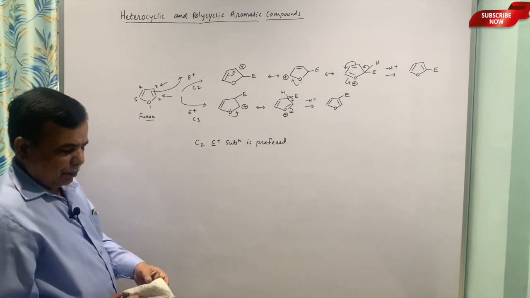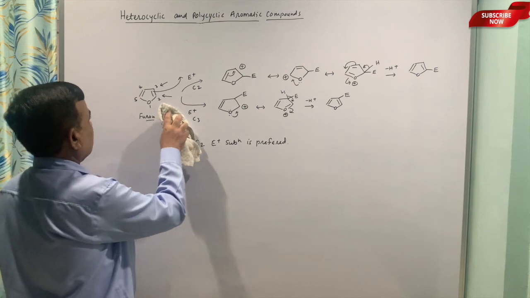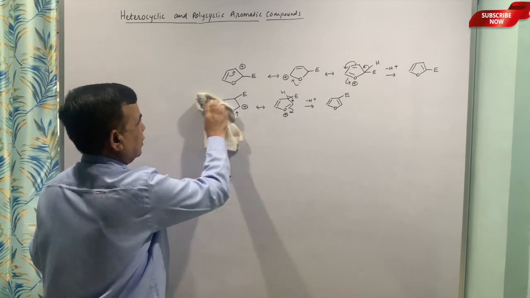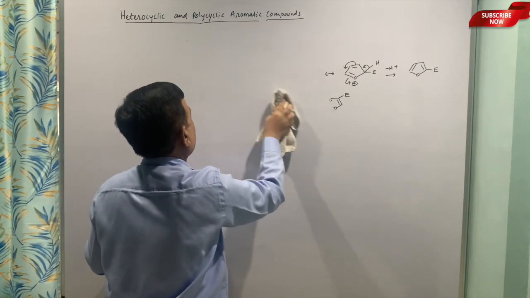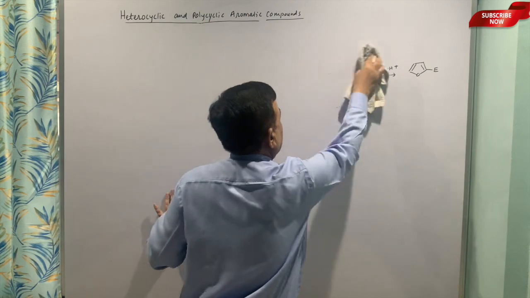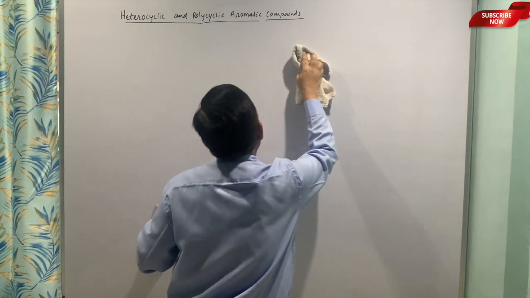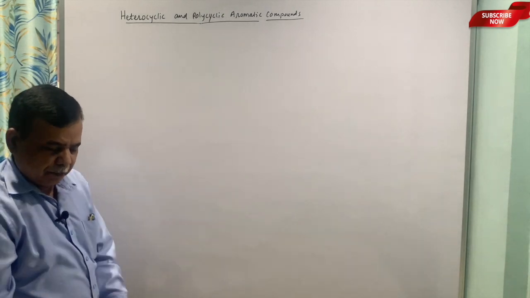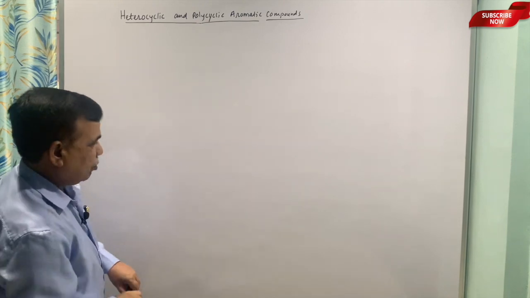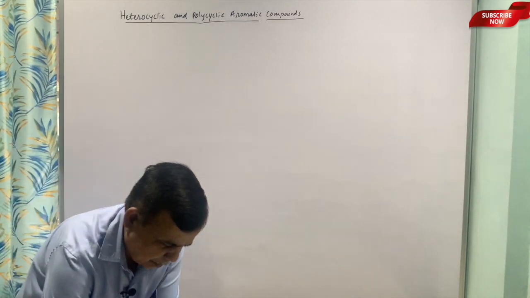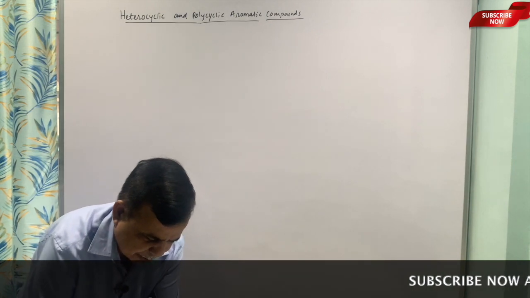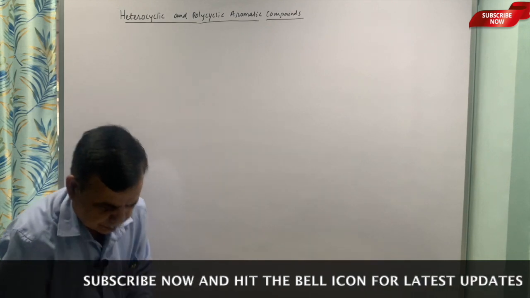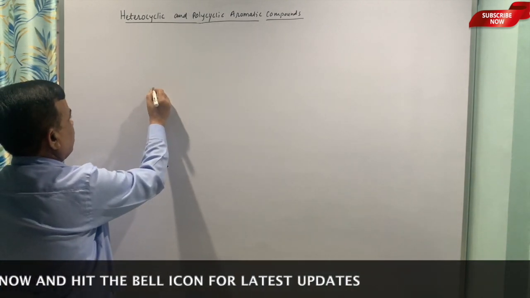So, I am going to put some examples for illustration, wherein you can easily talk about electrophilic substitution. Since the compounds are aromatic, we often call it aromatic electrophilic substitution on the heterocyclic system. So, let me put one example wherein your heterocycle is subjected to electrophilic substitution.